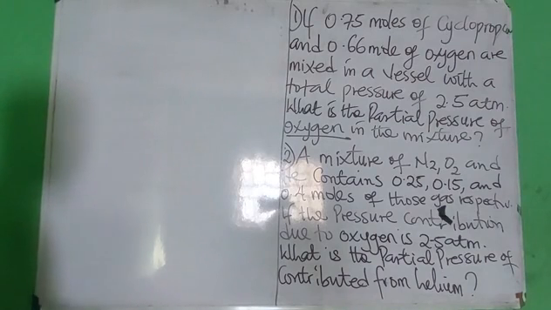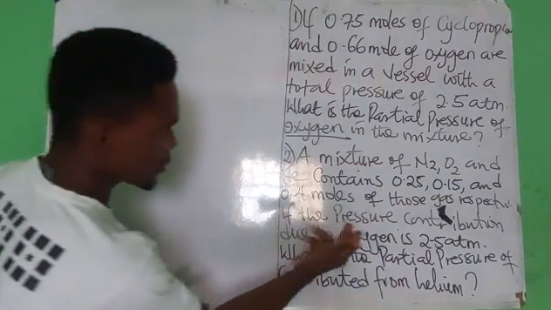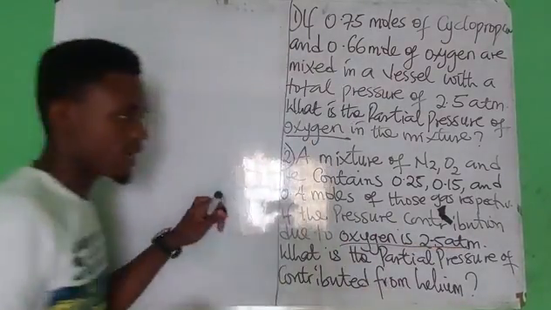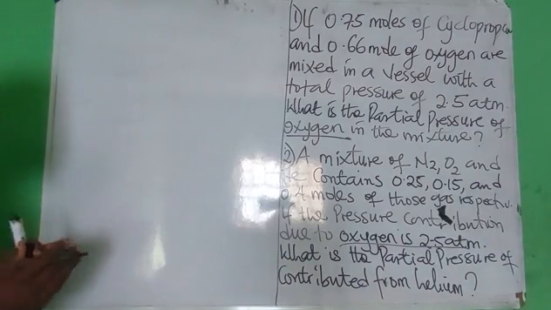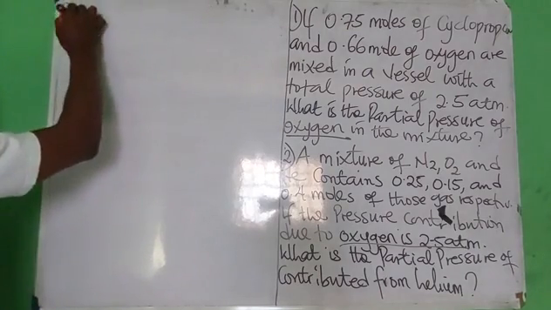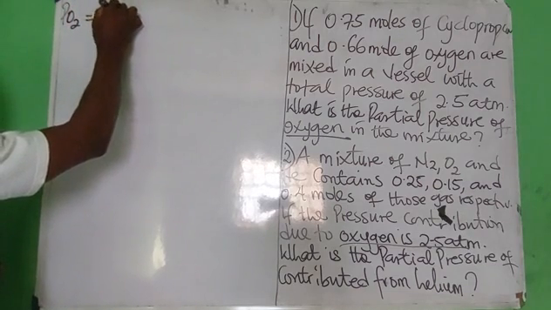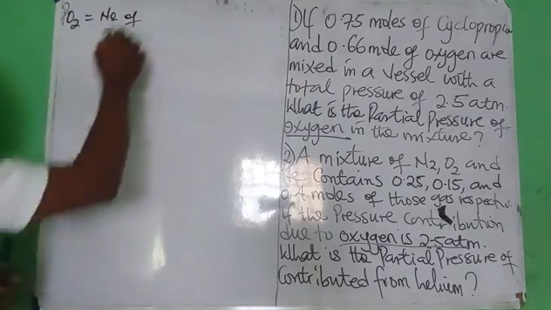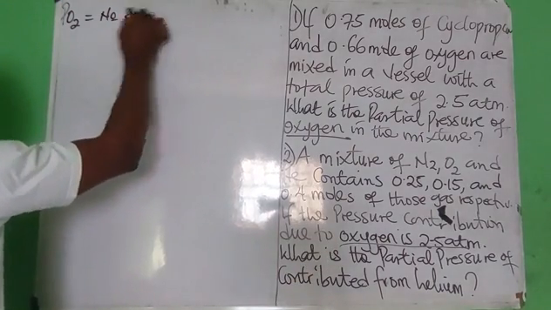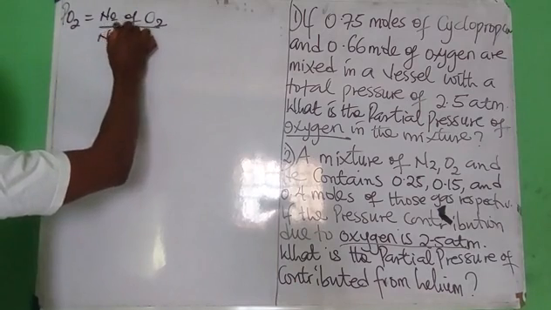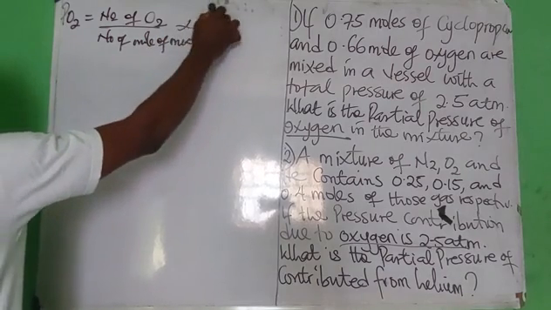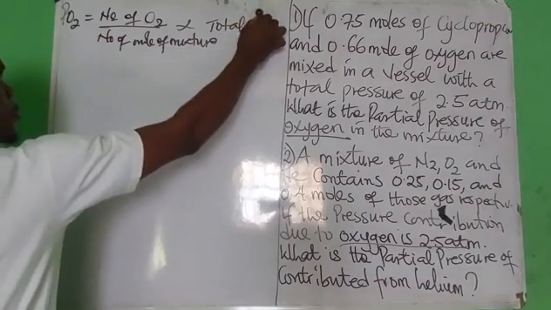They said the pressure contribution due to oxygen is 2.5. The first thing you're going to do is write pressure of oxygen equals number of moles of oxygen over number of moles of mixture, times total pressure.